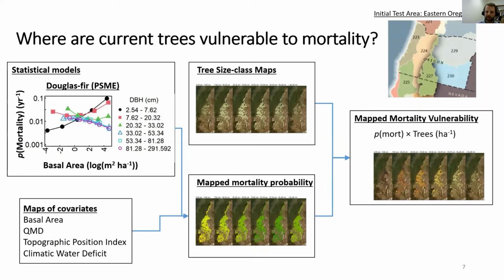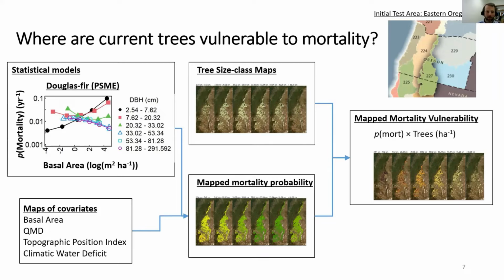This is the general framework. For this talk, the initial testing we're doing is in the Eastern Oregon Cascades, highlighted in the upper right. It's an area that's generally, for our region, somewhat drier forests than west of the Cascades, which are those temperate rainforest ecosystems.